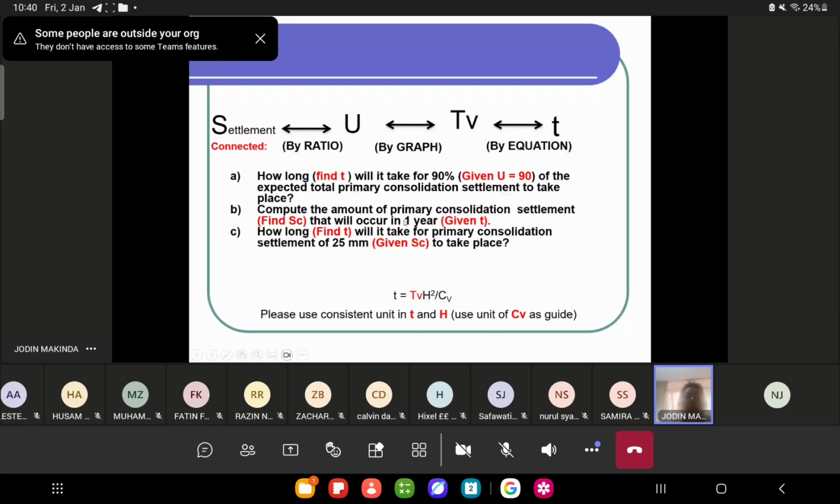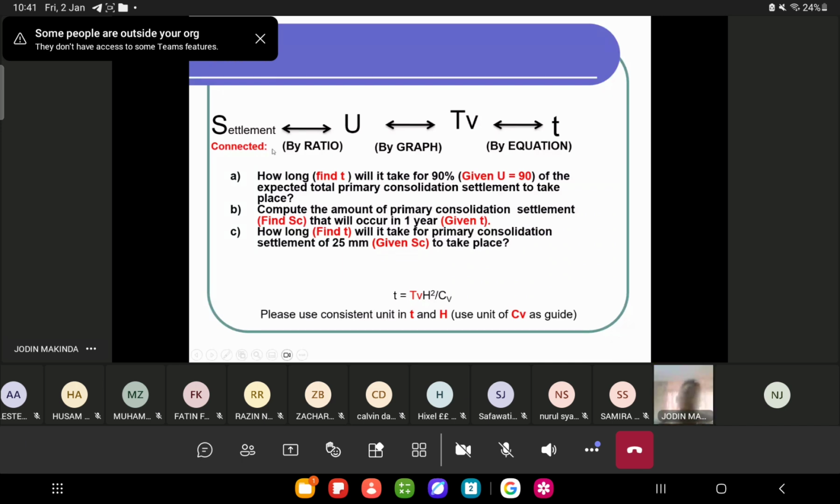It means find S for time 1 year. So you have time, you have to use time to find TV, use TV to find U, and you get the settlement. Same goes to number 3, C. Find T when you have settlement 25.